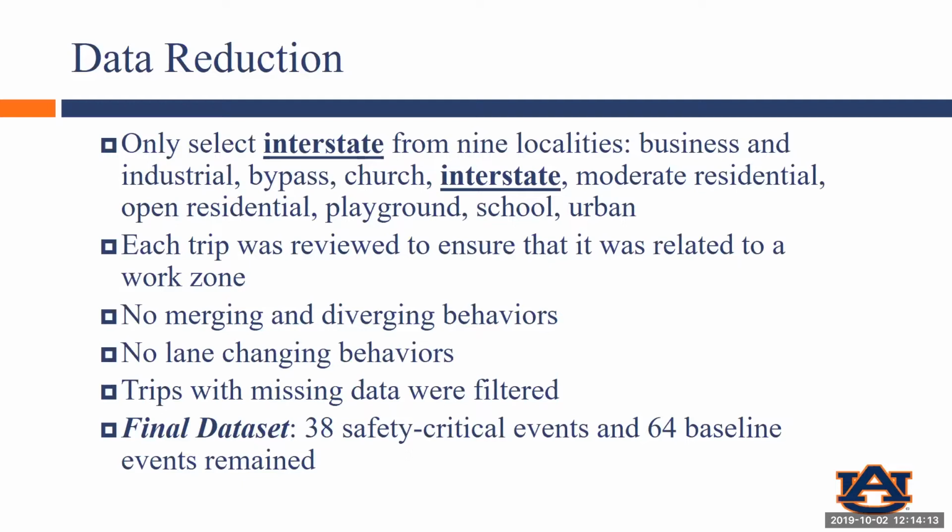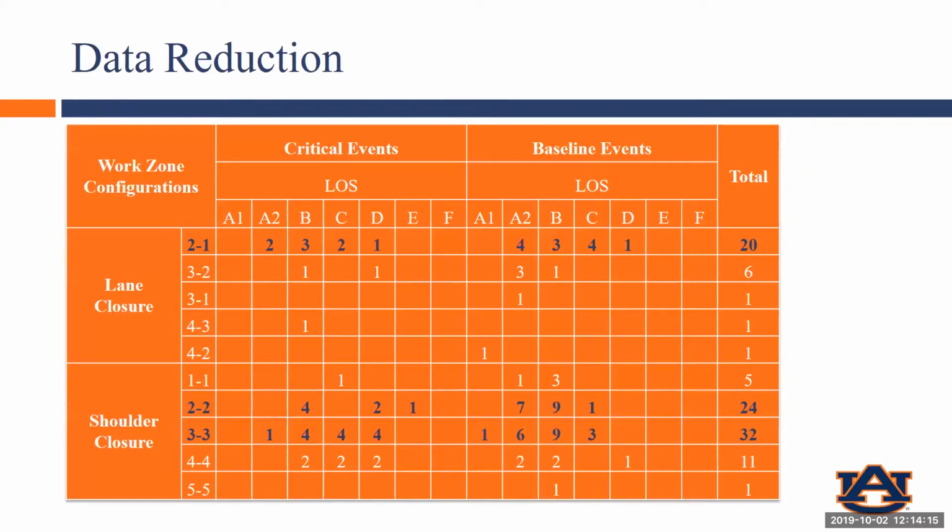This table basically summarizes all the data we collected, all the trips. For the lane closure, 2 lanes with 1 lane closed, we have a total of 20 trips. You can see we grouped the trips by level of service, A, B, C, D, and E, for the critical events or baseline events.